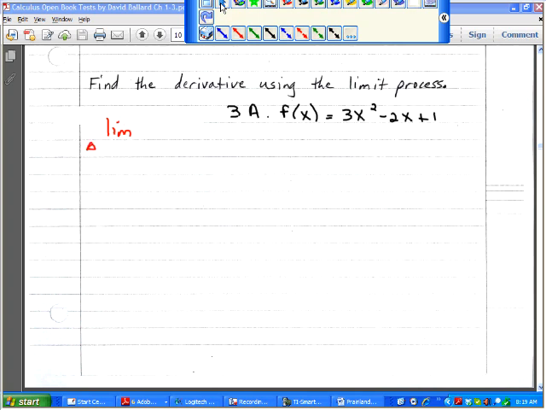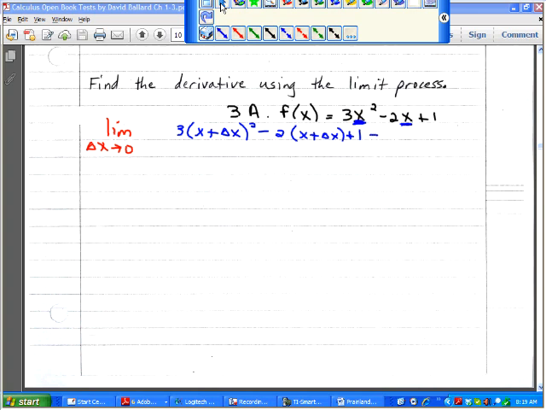The limit as delta x approaches 0 of, where the x is in the f function, we're going to replace it with x plus delta x. So we're going to have 3 times x plus delta x squared, minus 2 times x plus delta x plus 1, minus f of x.